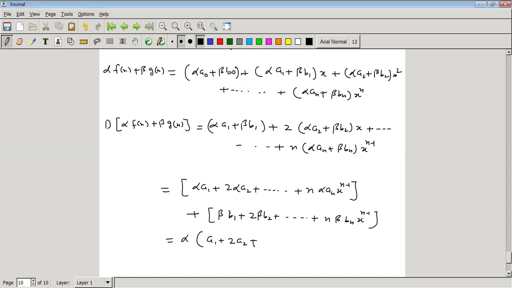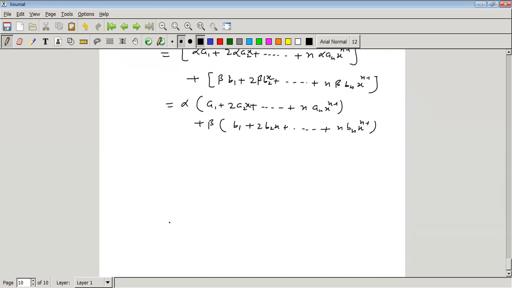So we can take alpha in common in the first term, and this becomes a1 plus 2a2x plus ... plus n an x raised to power n minus 1, plus beta times b1 plus 2b2x plus ... plus n bn x raised to power n minus 1.